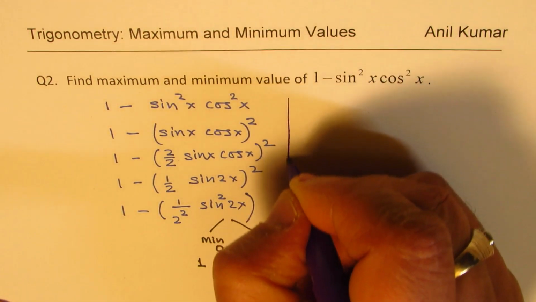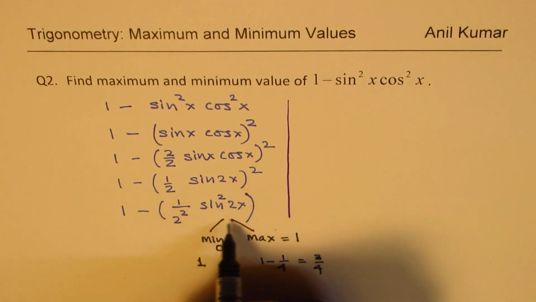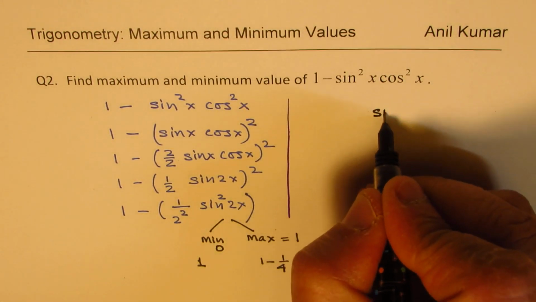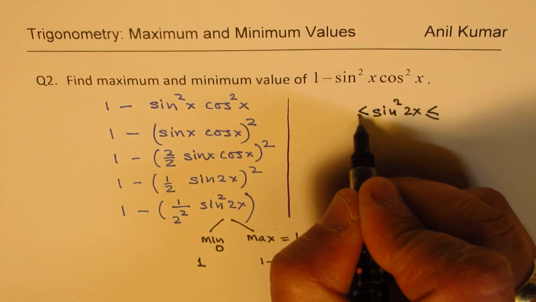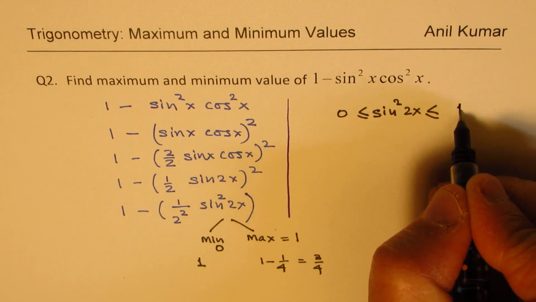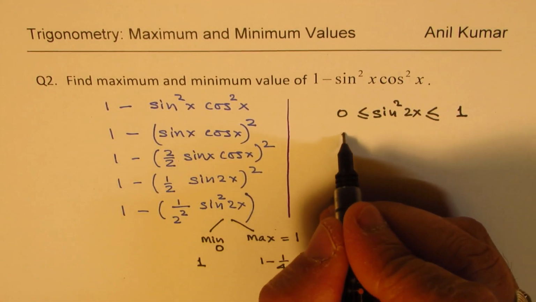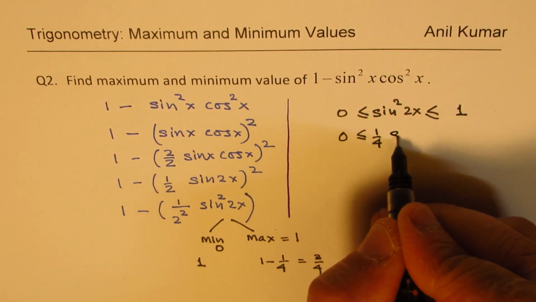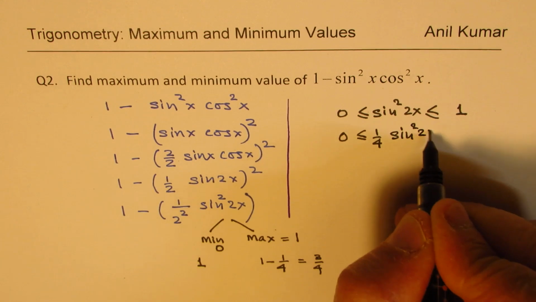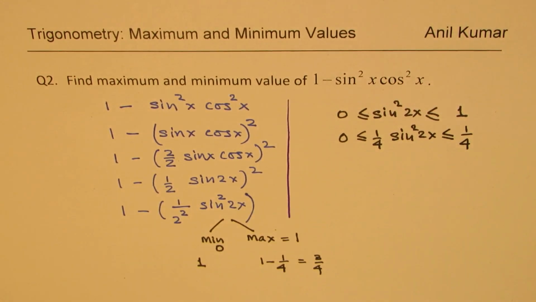But let me also show you the method which we did earlier once again. Here we'll again work with the inside function, which is sine square 2x, and this value cannot be negative, right? So it is going to be like this. Now if I multiply by 1 over 4, then I get 1 over 4 of sine square 2x, and here also I get 1 over 4, right?